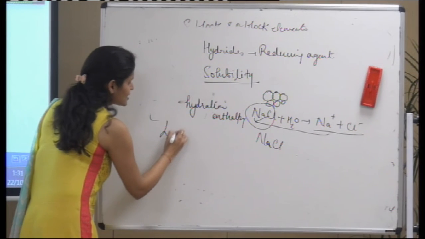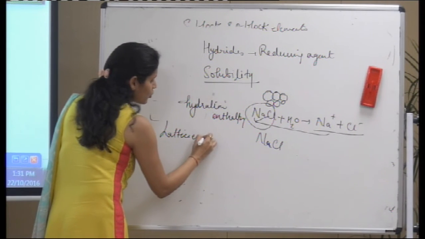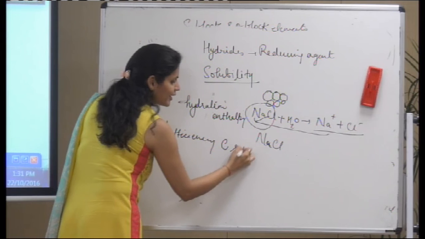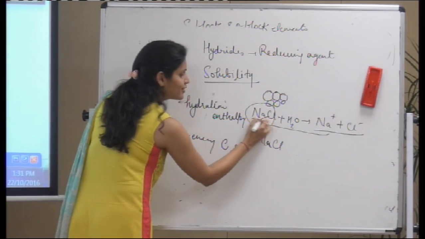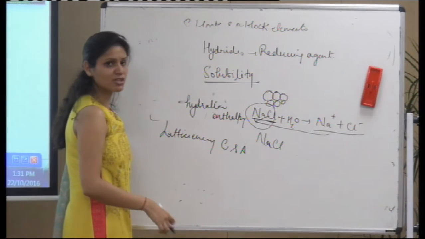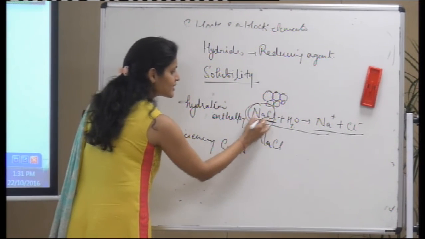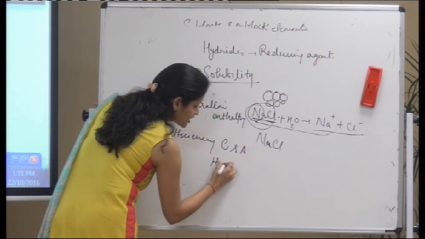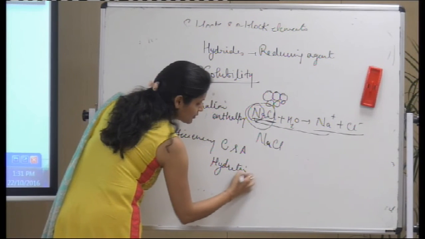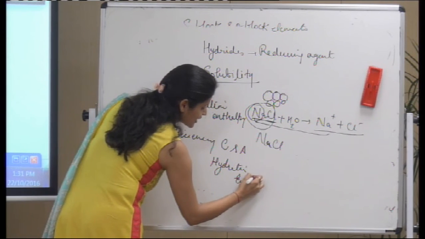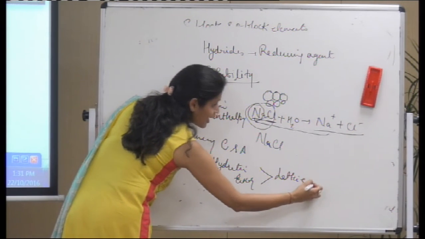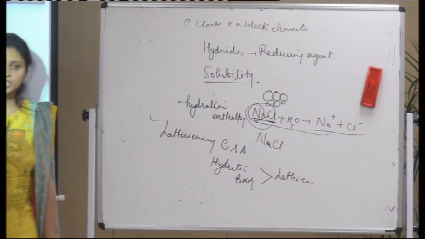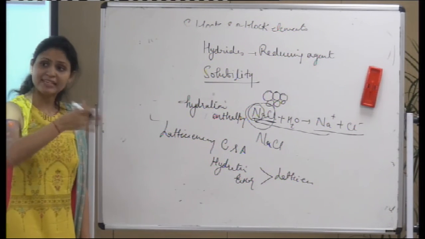Lattice energy is the energy released when cation and anion combine together to form a crystal. So if I want this crystal to break down into its constituent ions, the hydration enthalpy should exceed the lattice energy. That means hydration enthalpy should be such that it would be able to break the lattice energy factor.